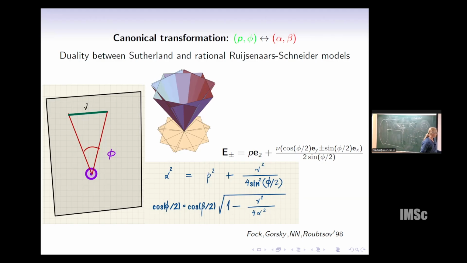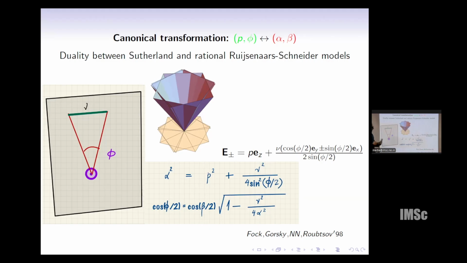But then it turns out that this variable is canonically conjugate to this variable, and this whole thing can be viewed as a Hamiltonian. So cosine of phi over 2 is a different Hamiltonian on the same phase space, expressed in terms of the coordinate of the original Hamiltonian, and the action variable for the original Hamiltonian is the coordinate for the new Hamiltonian.